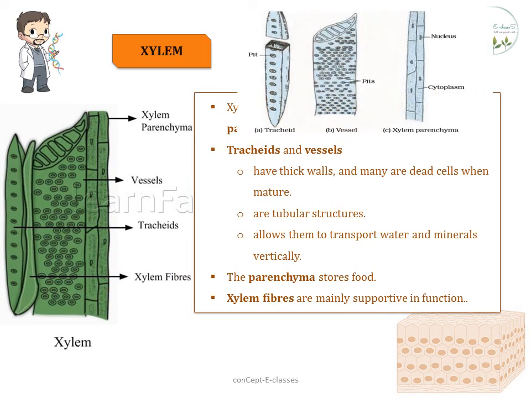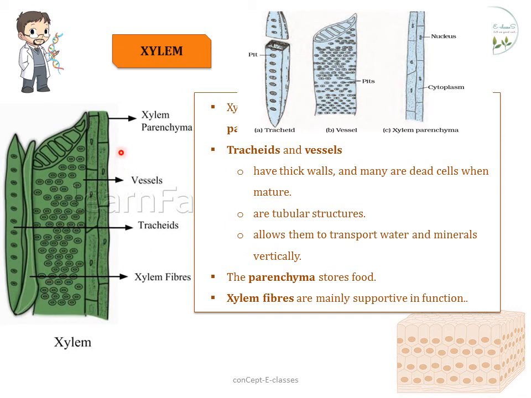The tracheids and vessels both have thick walls and many are dead cells when they mature. They are tubular structures. The vessels are tubular structures placed one over another, and they form a channel for the efficient conduction of water. So tracheids and vessels transport water and minerals vertically.